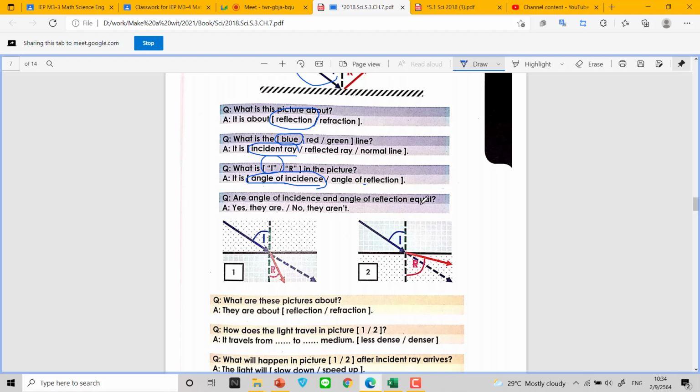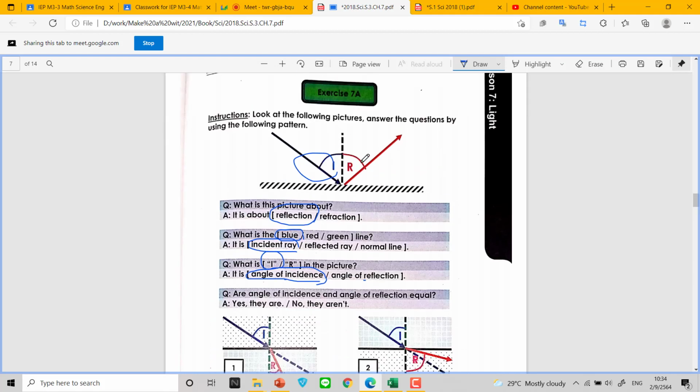It's equal, student. Yes or no? Did you remember what I told you? 60. Yes or no? Yes, they are. Very good.